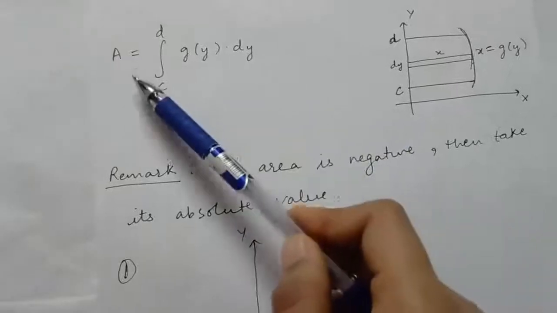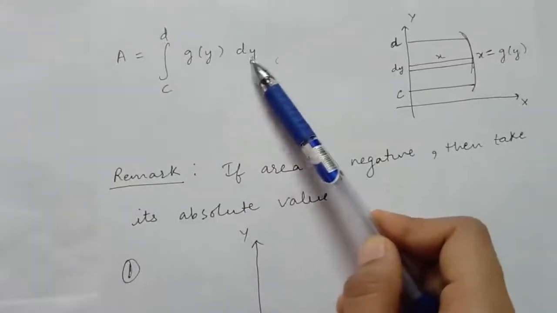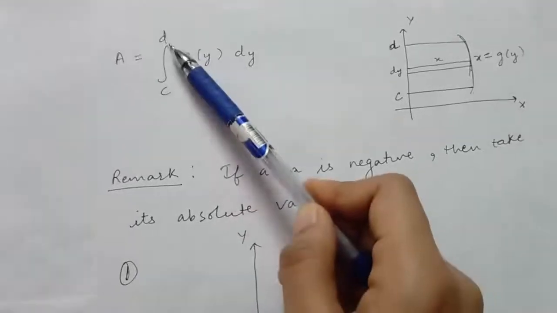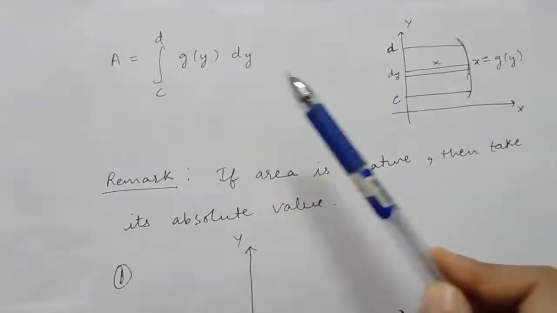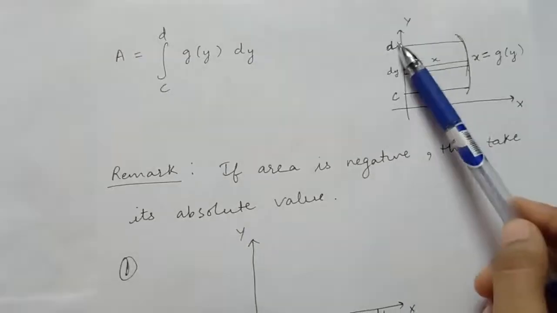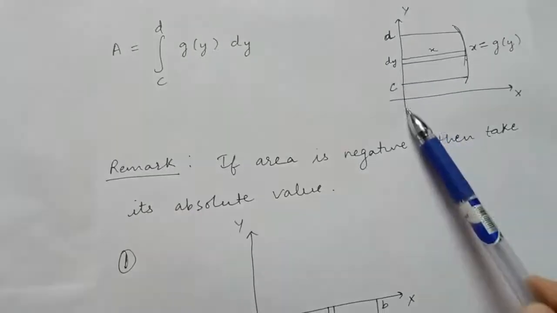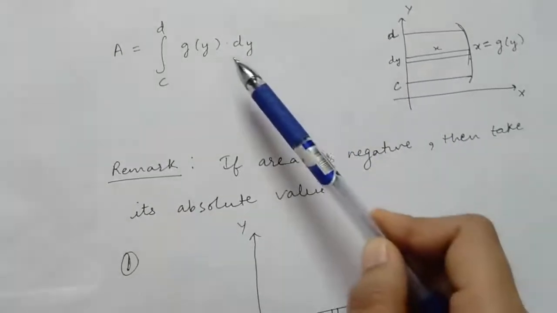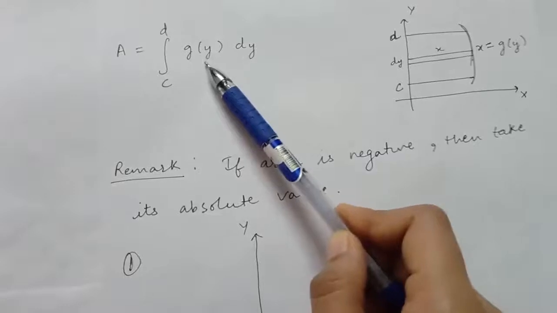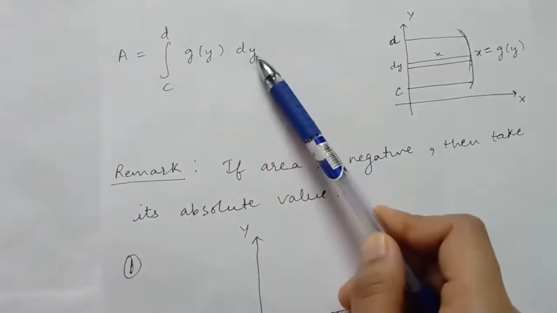So the area will be the integral of g(y) dy and the limits are from c to d. That is, if you are taking the limits of the y-axis from c to d, then because we are taking the limits of the y-axis points, the function will be in terms of y and we will integrate it also in terms of y, right?